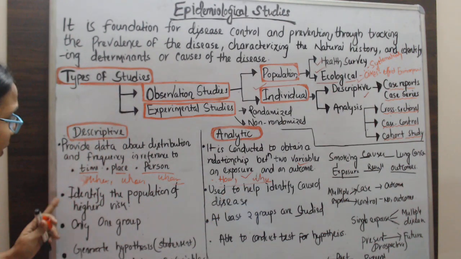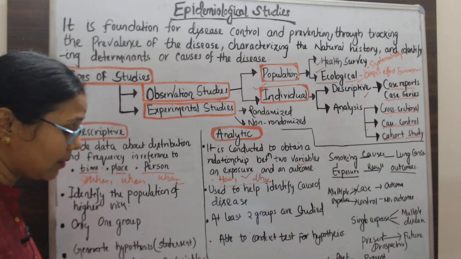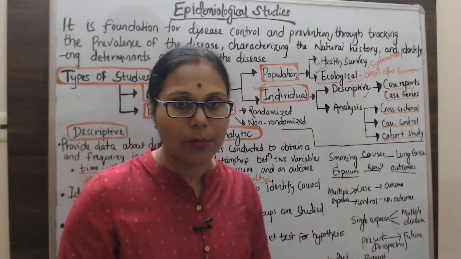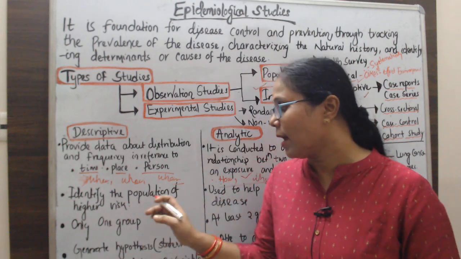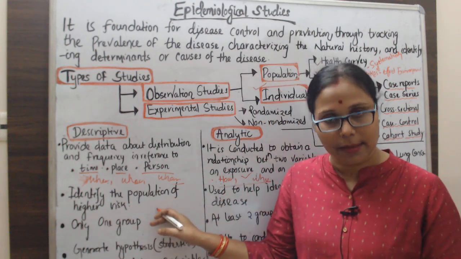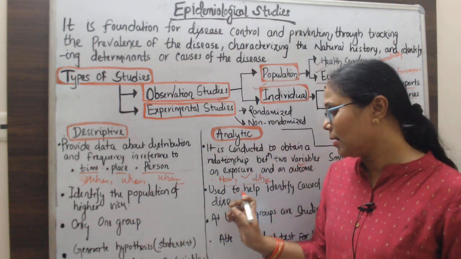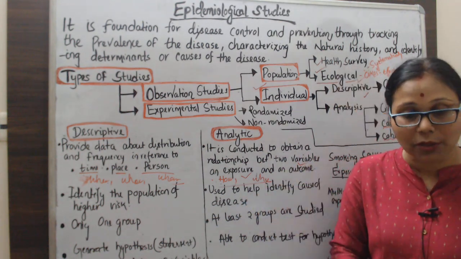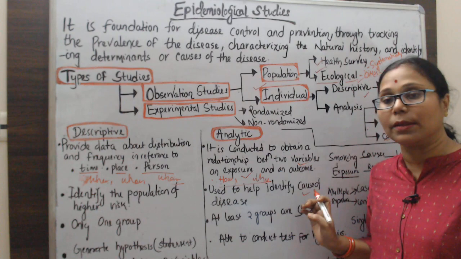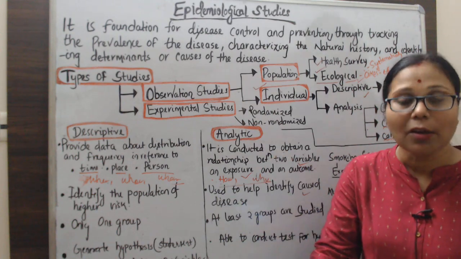Another point: identify the population at high risk. Which group of population, which age group, is at higher risk of disease. And an analytical study helps to identify the cause. We come to know the cause of the disease, the causative agent or etiology.